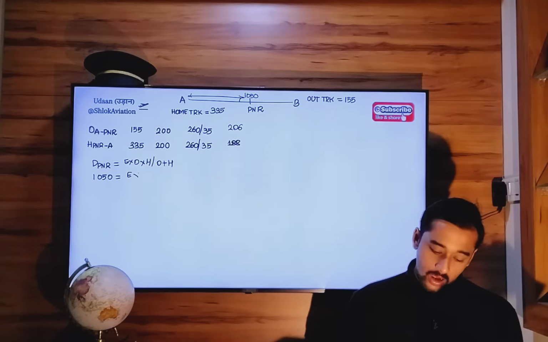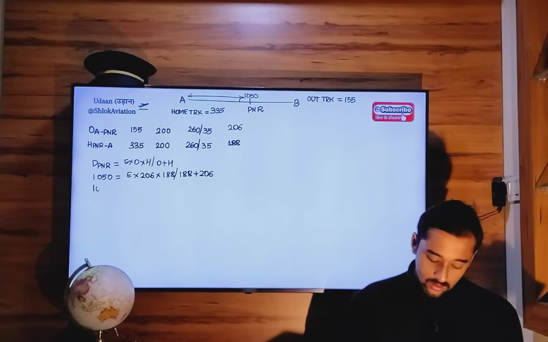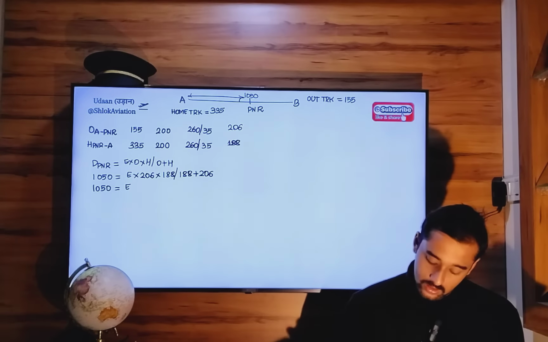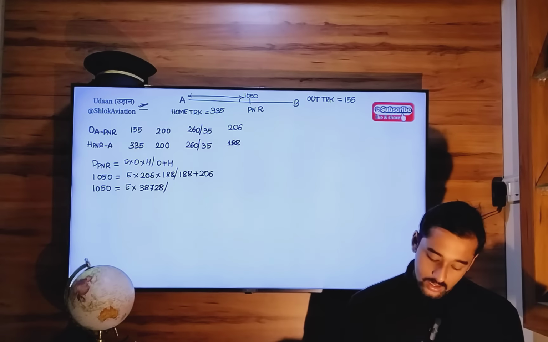Endurance unknown, outbound 206, homebound 188. 188 plus 206, 394. 206 into 188 is 38,728.